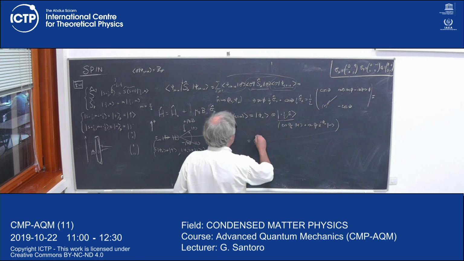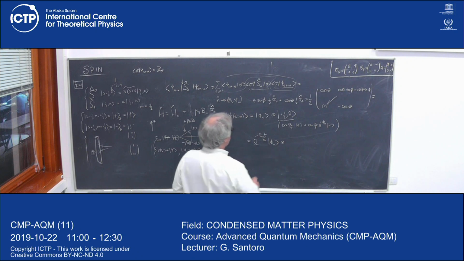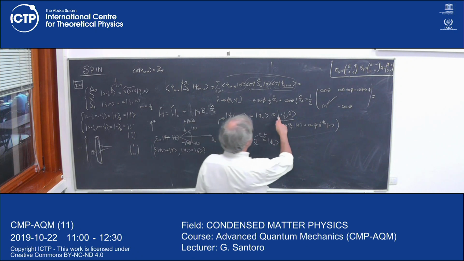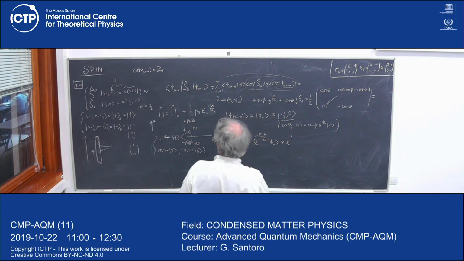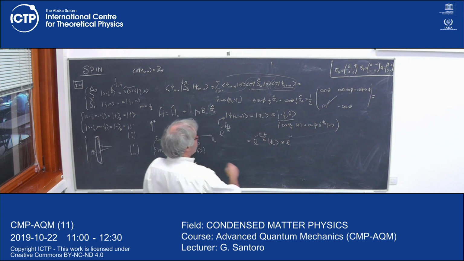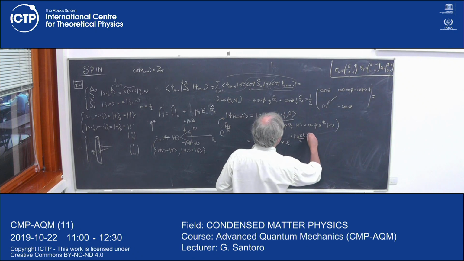Which means that here I have e to the minus E_n t over h bar times phi_n. But most interestingly, here I have e to the minus i mu_B B t over h bar sigma z.